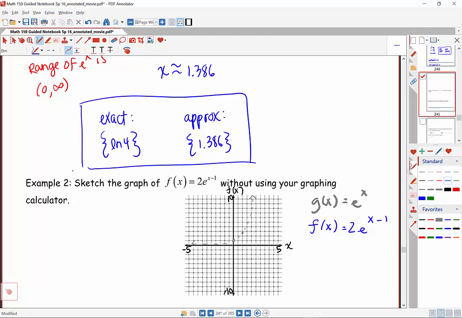I'm going to go from this first ordered pair at 0, 1 from the gray graph, shift it over to the right 1, and then double that output. So we'd be up at 3. Now, again, going from this ordered pair, scooting it over 1, and then doubling it, we'd be at about 5.4-ish.